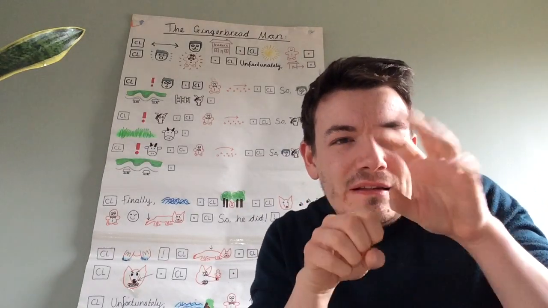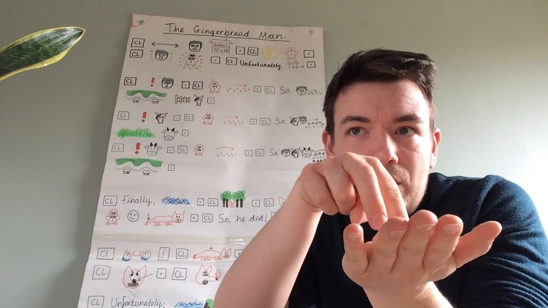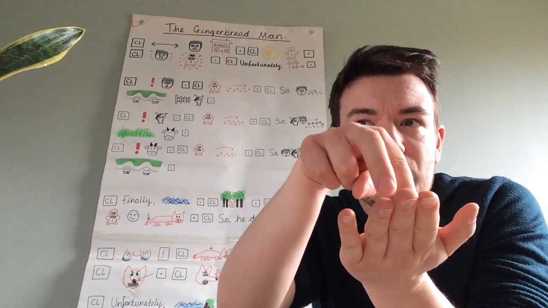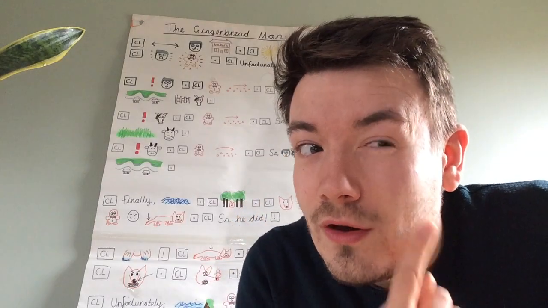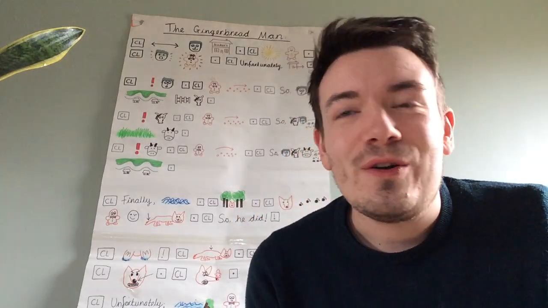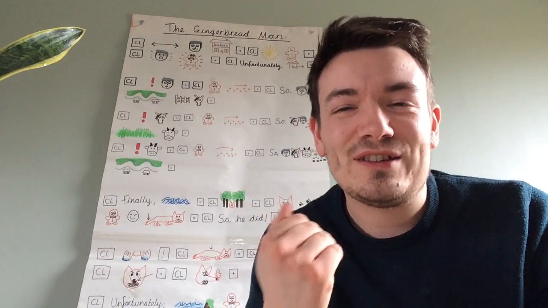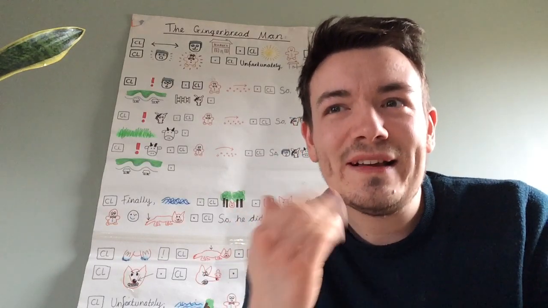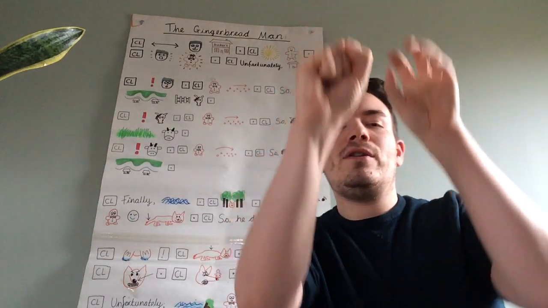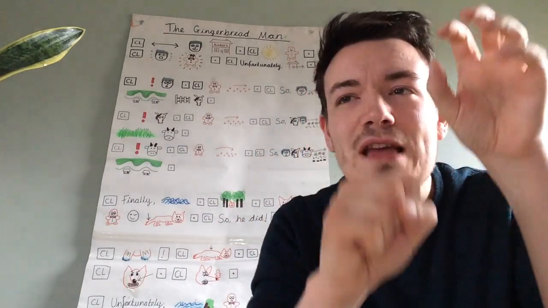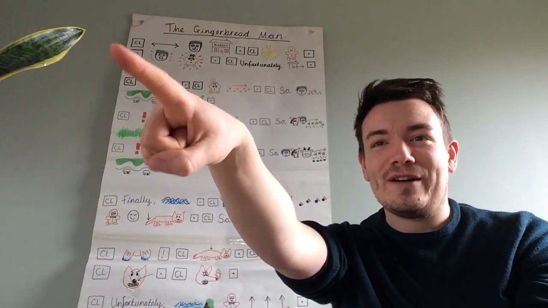The mean, sly fox crept up to the gingerbread man and said with a wink, "Quick, quick!" I might go add this action too. "Quick, quick, little gingerbread man, climb up onto my bushy tail and I'll take you across."